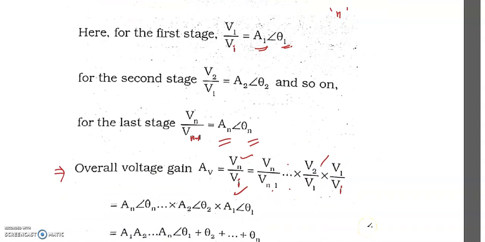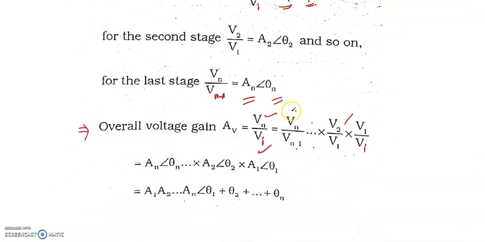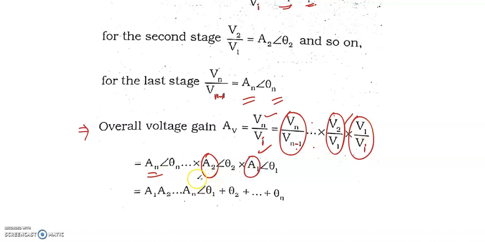You can write it like this also. And we all know that the gain of Vn by Vn minus 1 is denoted as An, V2 by V1 is A2, V1 by Vi is A1, with angle shifts of theta n, theta 2, etc.